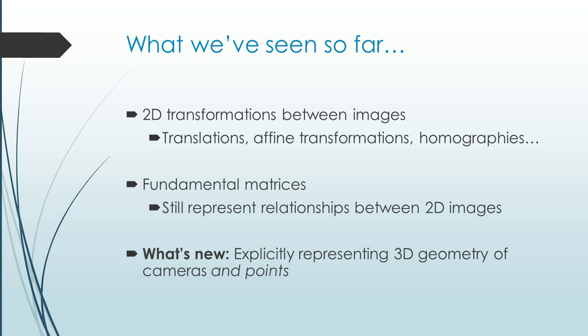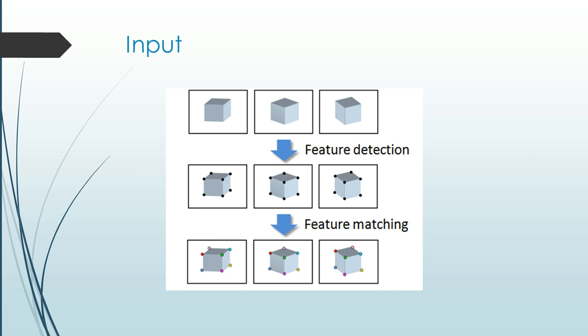We also noticed that it's necessary to know the fundamental matrices, because they represent the relationships between these 2D images. So for this particular topic of structure from motion, the new concept is how we can explicitly represent the 3D geometry of the cameras and points. So it's basically how we can reconstruct the different parameters.